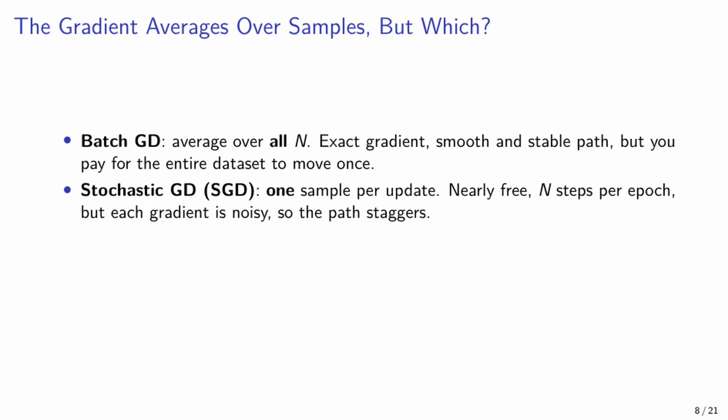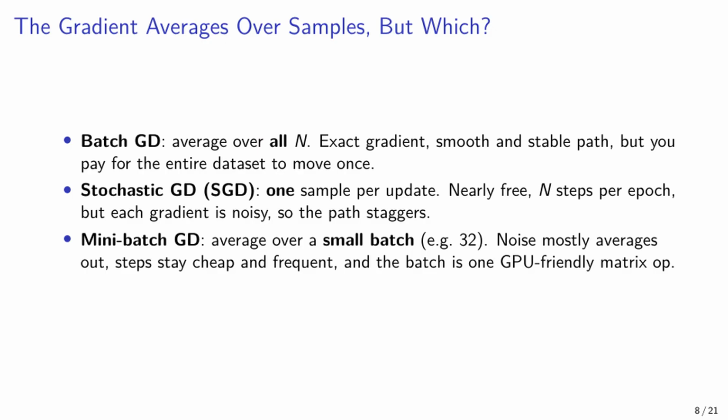Second, stochastic gradient descent, or SGD, use just one sample per update. Each step is nearly free, and there are n of them per epoch, but each gradient is a noisy estimate, so the path staggers like a walker heading downhill in the dark.